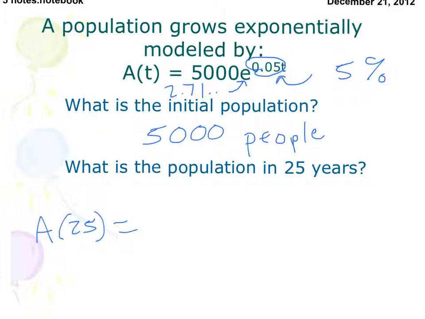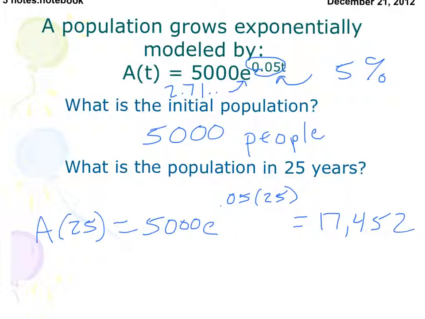But this is a growth model. 5,000 times e to the 0.05 times 25 power. I know that's not a super complicated problem, but given that it's structured a little bit differently from a compound interest problem, I wanted you to see that. New population after 25 years would be about 17,452 people.